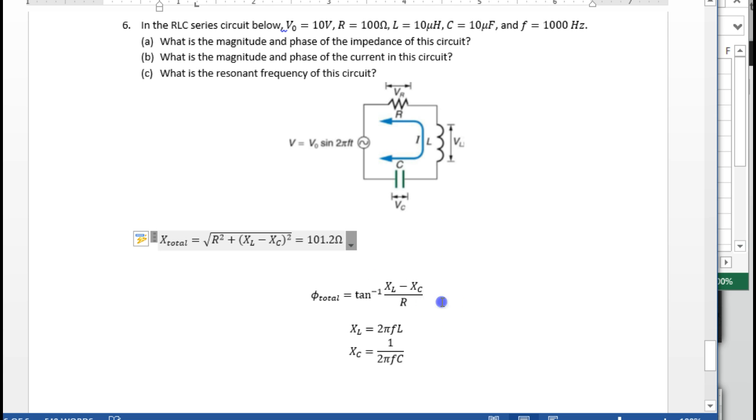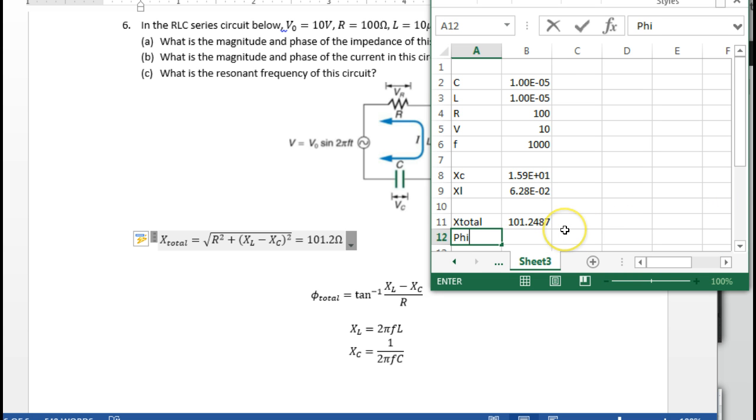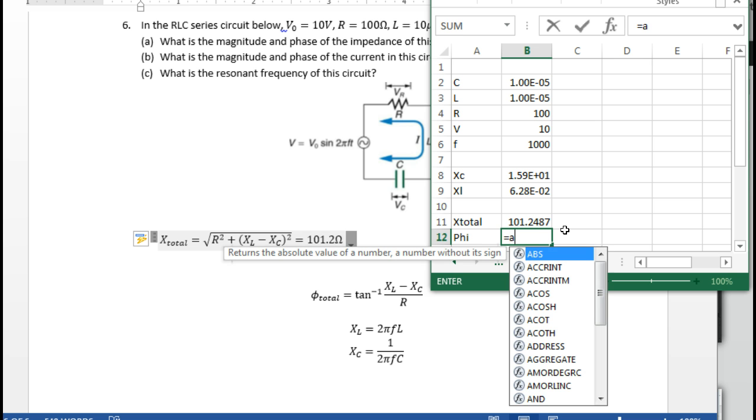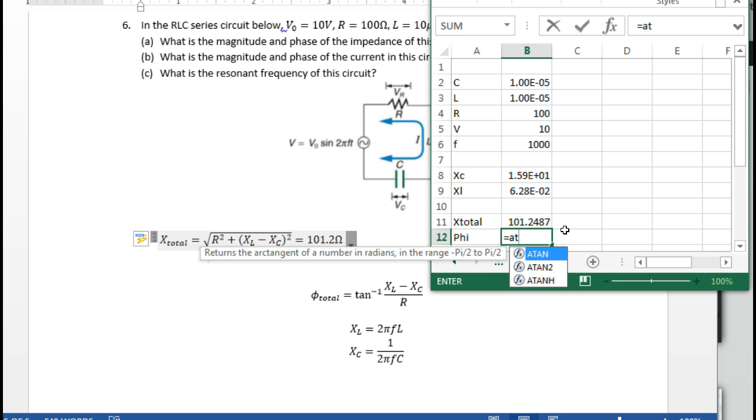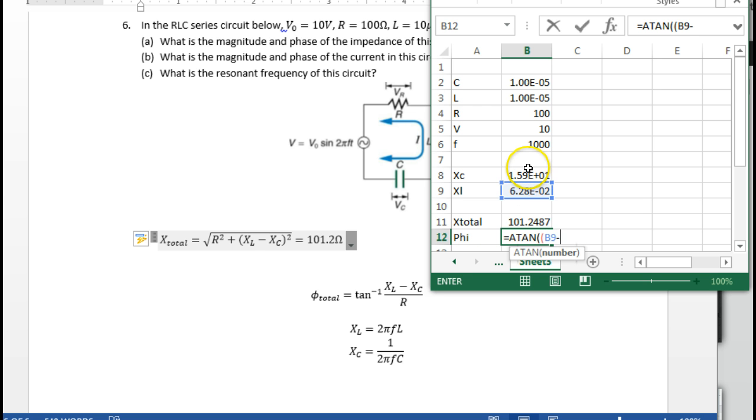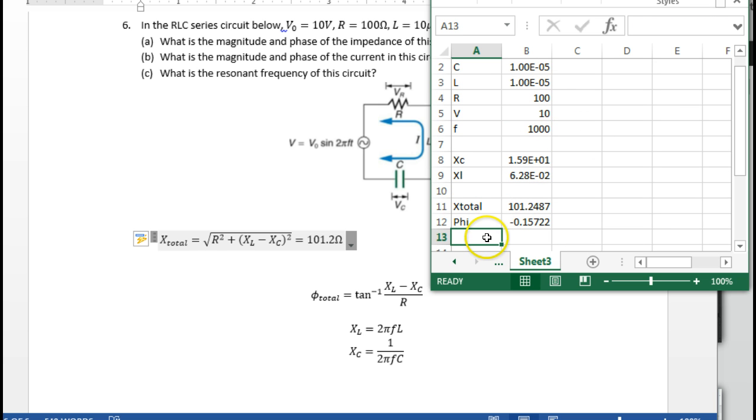All right. Okay. And now phi total. Phi is the arctangent of XL minus XC divided by R. Now, one thing to be aware of, this is going to be phi in radians, so phi in degrees equals degrees of that radians value, so minus 9 degrees.